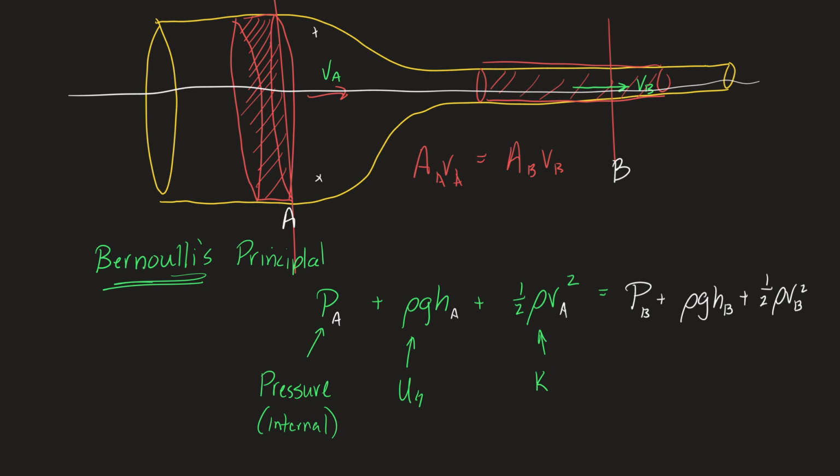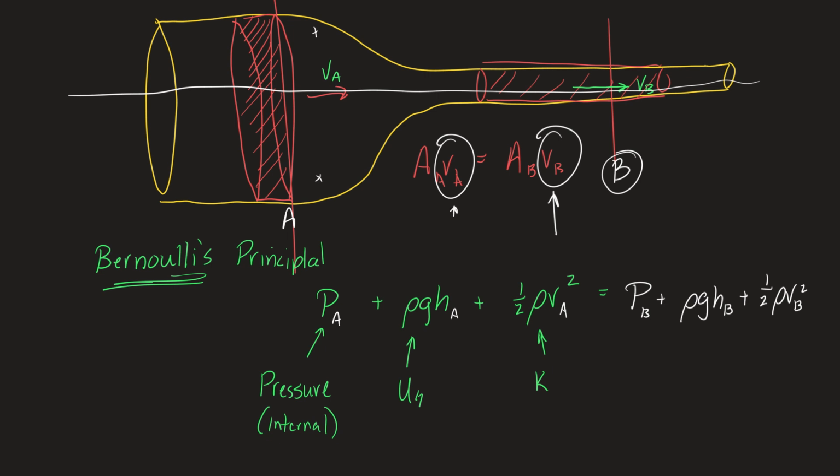So in looking at Pascal's principle, we know that VA and VB are different, right? As that liquid goes through the pipe, the cross-sectional area at B gets smaller, so VB is greater than VA. Does that make sense?